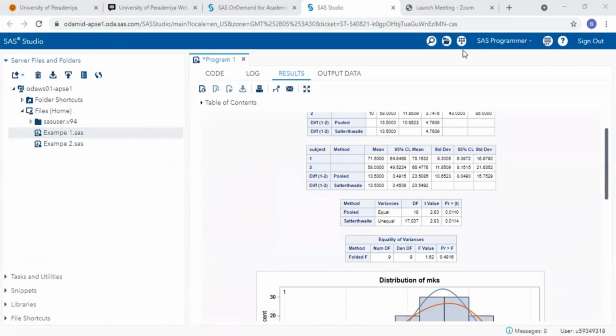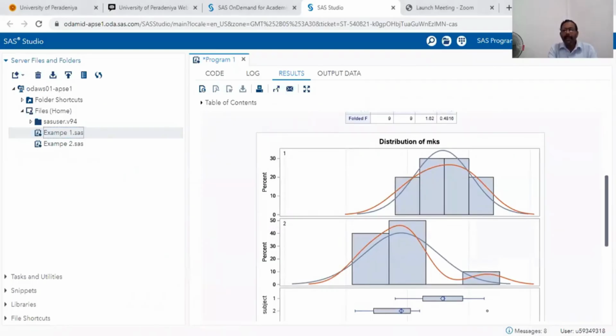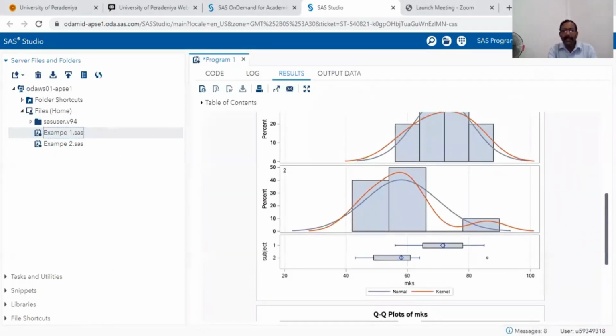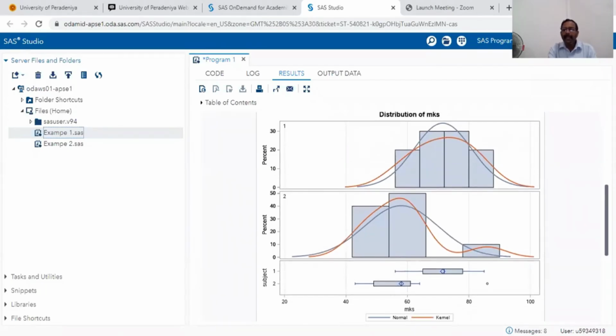Good. Now we will look at the lower part of the output. In old SAS it doesn't give, but in the new SAS, it gives some additional information. You see, this is for subject 1, and this is for subject 2.